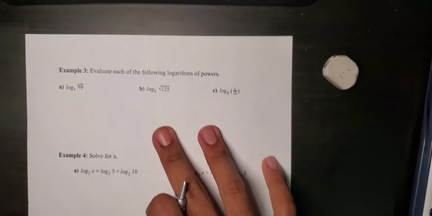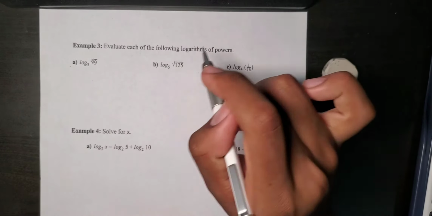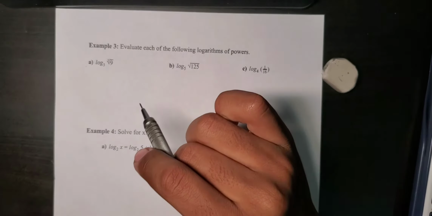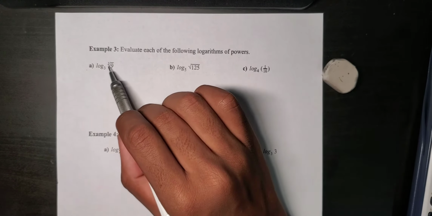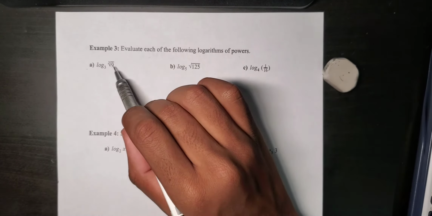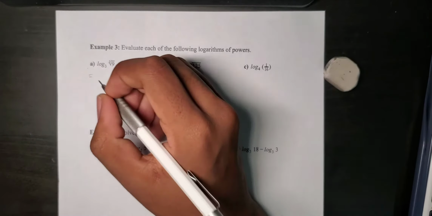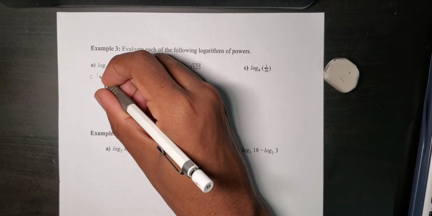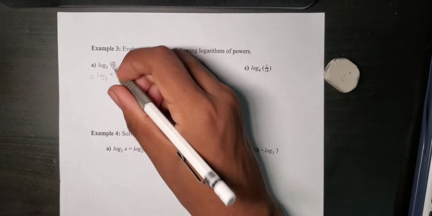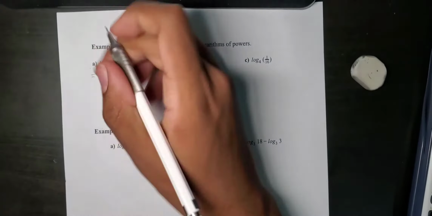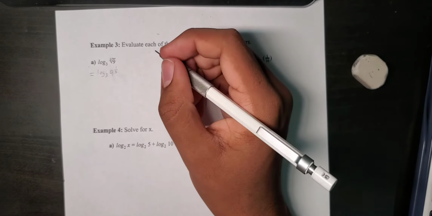Moving on. Example 3. Evaluate each of the following logarithms of powers. So in this case, we have the log base 3 of the cube root of 9. When converting it to a fraction, the cube root of 9 is equivalent to 9 to the power of 1 over 3.